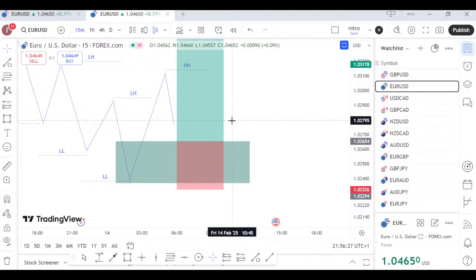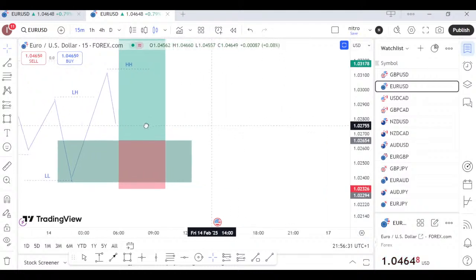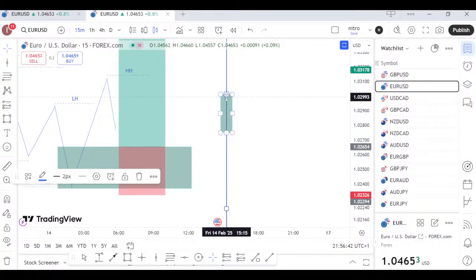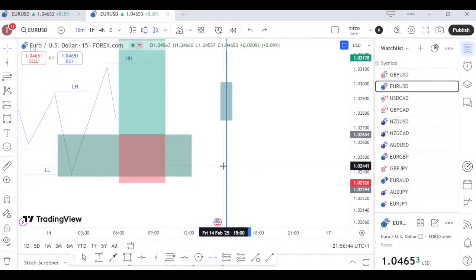Remember when we're talking about a fair value gap, I will redraw it. This is an example of a fair value gap, right? I'm trying to show you all an example of a fair value gap.